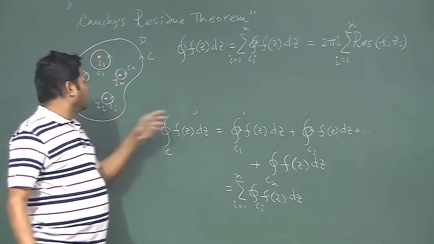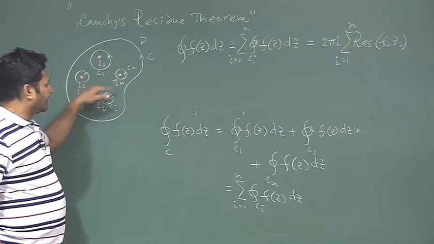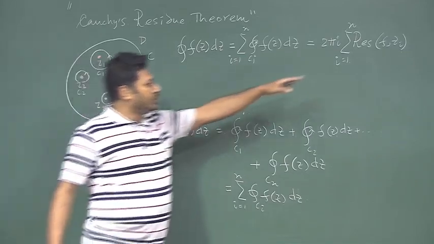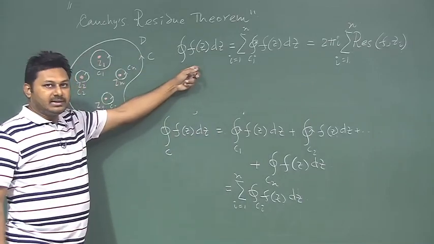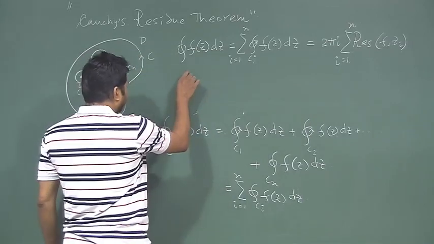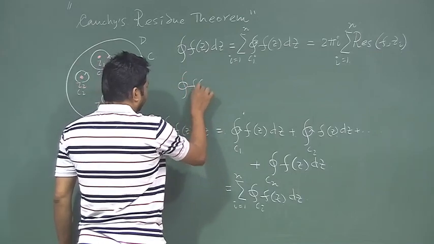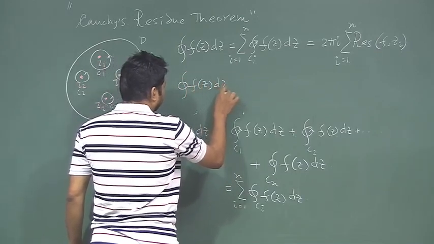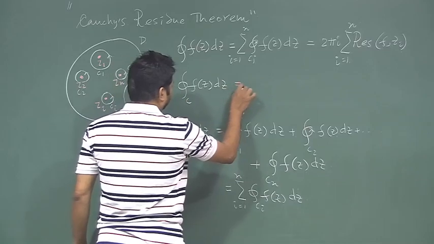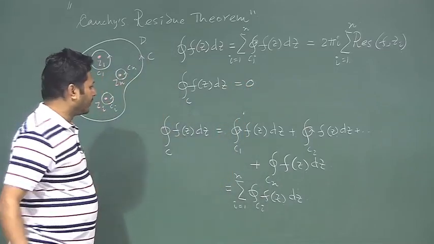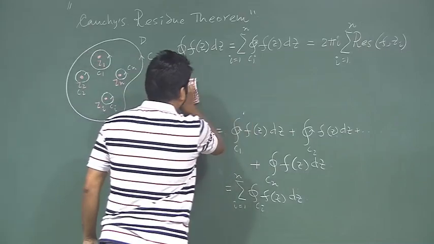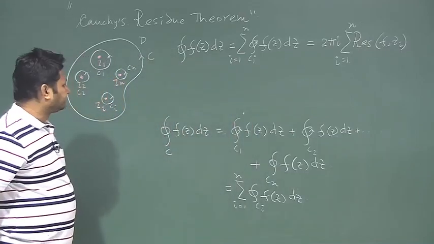Please remember one thing: if there is no singular point here, that means the residue is 0, and the function is analytic in the entire region, and I know that if the function is analytic in some region, the closed integral over the curve C bounding that region will be 0. This is the Cauchy-Goursat theorem.